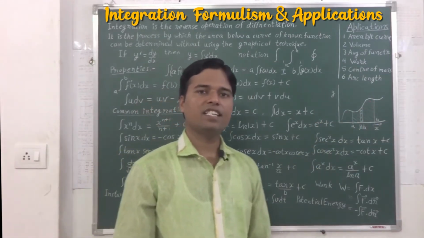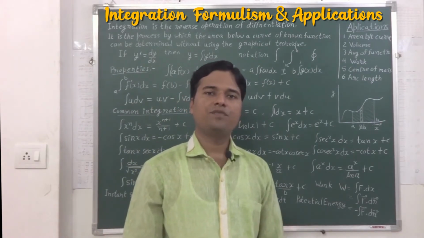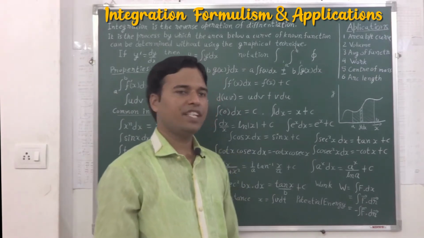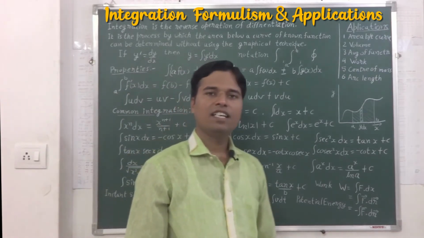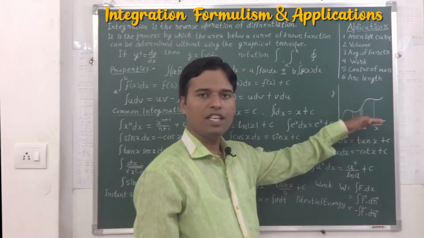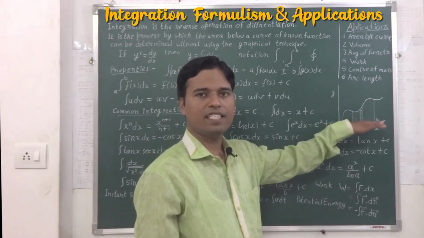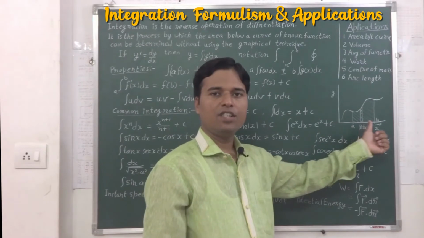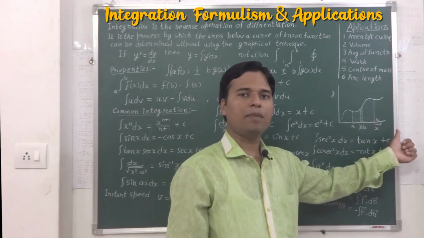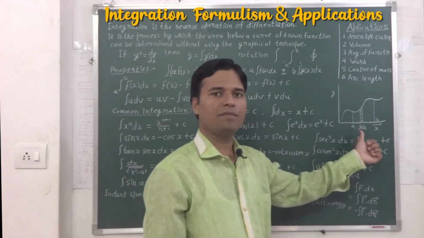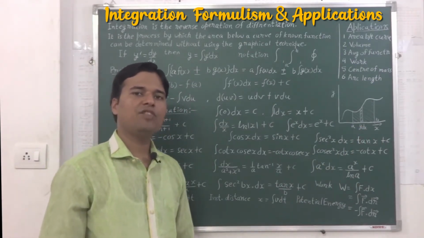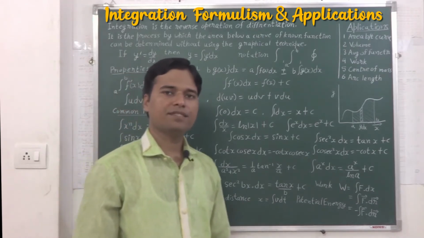The integration of the function with respect to the independent variable x will give you the area below this curve and above the x-axis, between two limits a and b. b is called the upper limit, a is called the lower limit. Also, we can get the value of integration without limits.